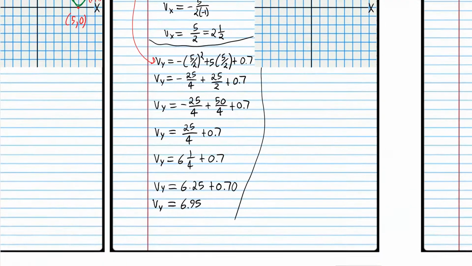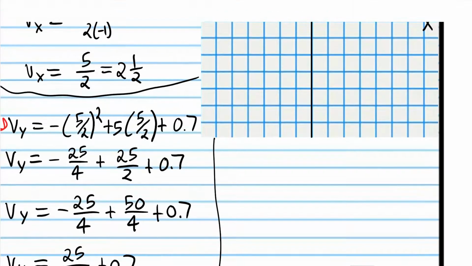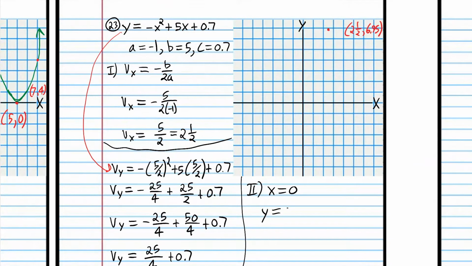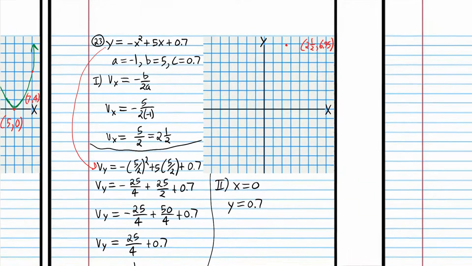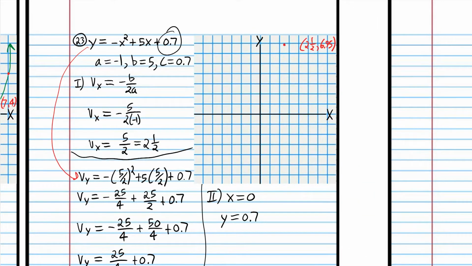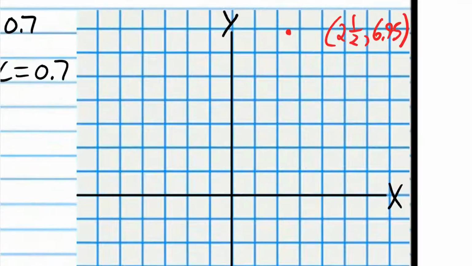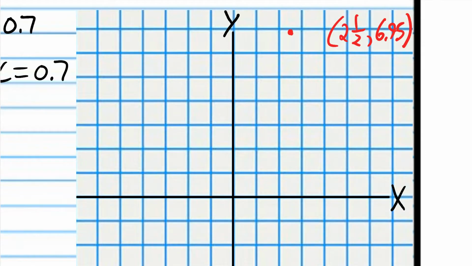So step 2, if x is 0, then y is obviously going to be equal to 0.7. You know, because again, this is always the y-intercept when standard form. So 0 and 0.7, that's going to be about here. 0 and 0.7.